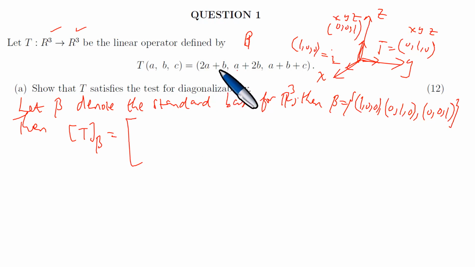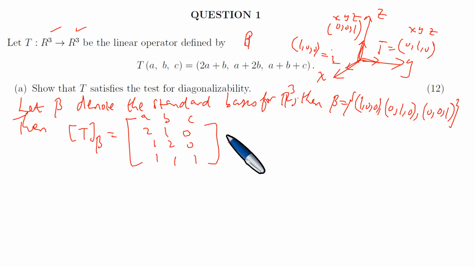This one is A, B, C. So at the top, you're going to have 2, 1, 0. Then the second one: A has coefficient 1, B has coefficient 2, and C has coefficient 0. The bottom one: A has coefficient 1, B has coefficient 1, C has coefficient 1.